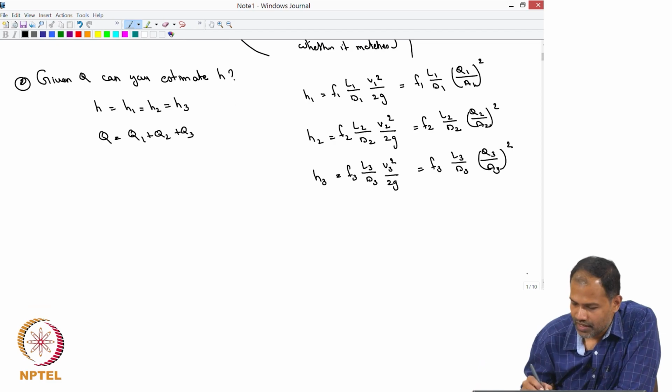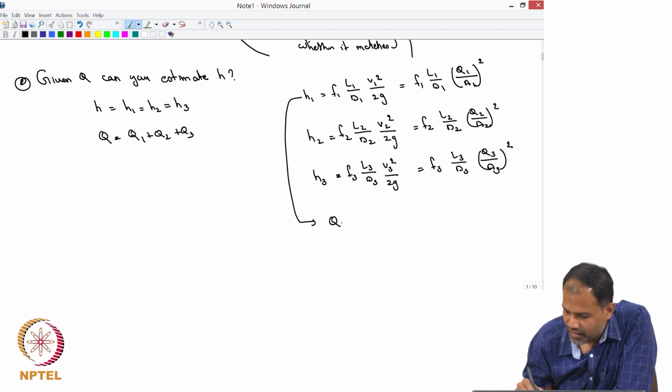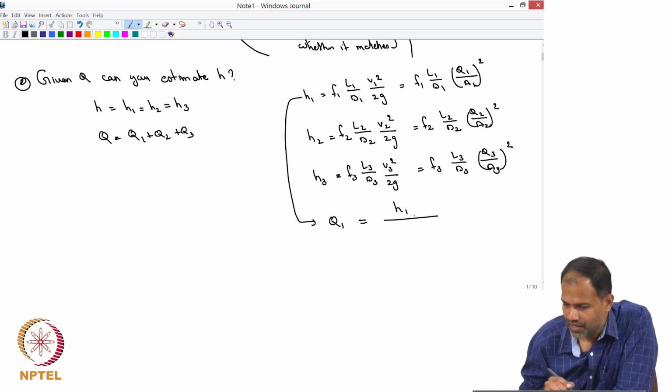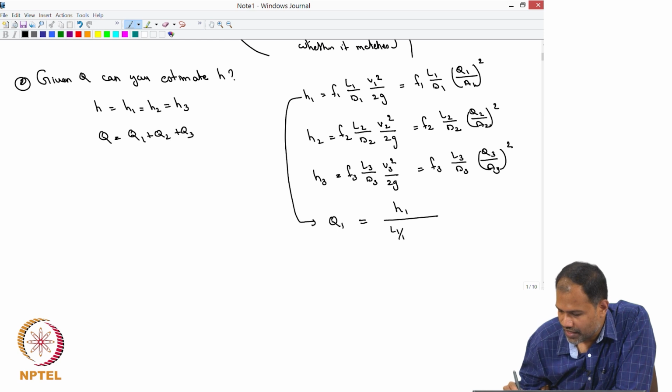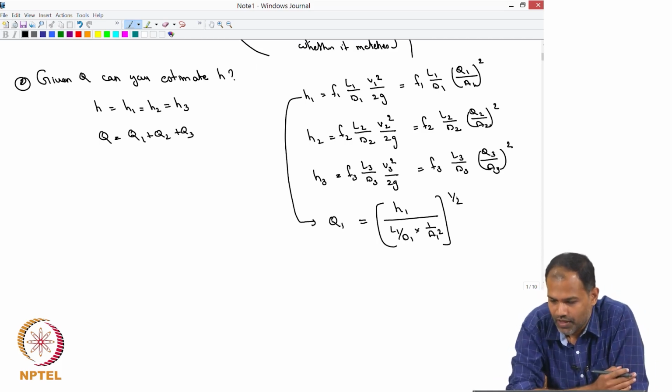Then I can write, so this expression tells me that I can write Q1 is equal to H1 divided by F1 L1 by D1, and then you have 1 by A1 square to the power 1 by 2. So, I am just calculating Q1 from the expression.